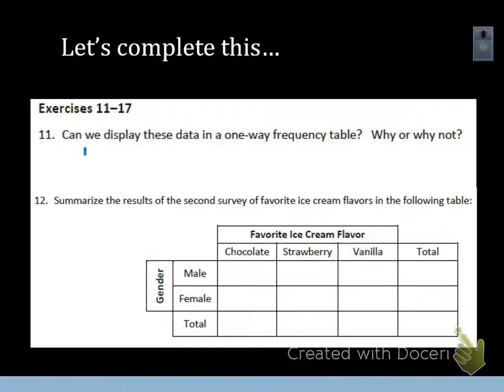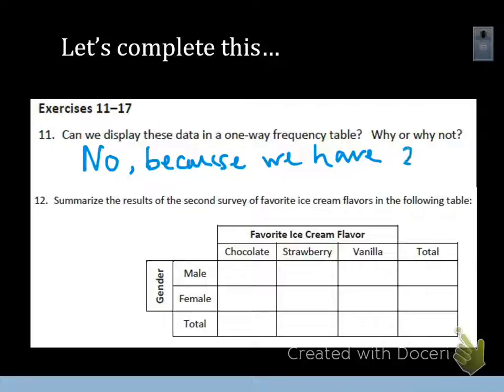Because we now have 2 pieces of data. So it's no longer a one-way frequency table, it's a 2-way frequency table where, you can see this visual here, I have the ice cream flavors going down while I have the gender going across.